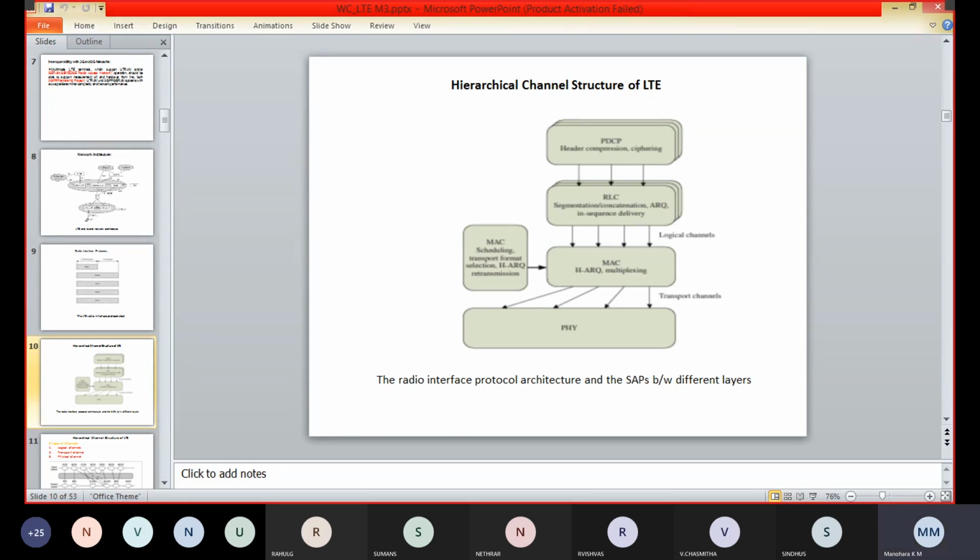The radio interface protocol architecture and the service access points between the different layers are shown in this figure. So make a note of this figure.